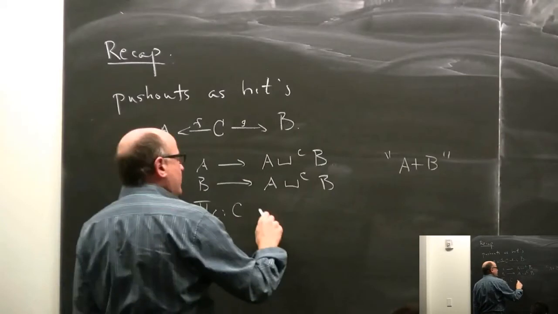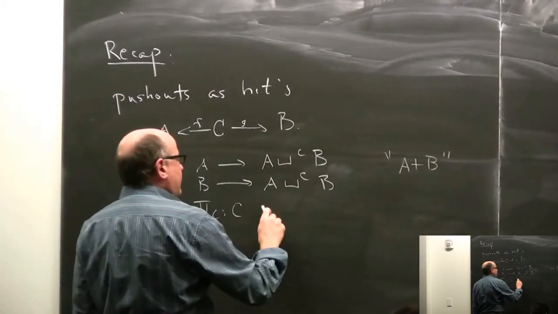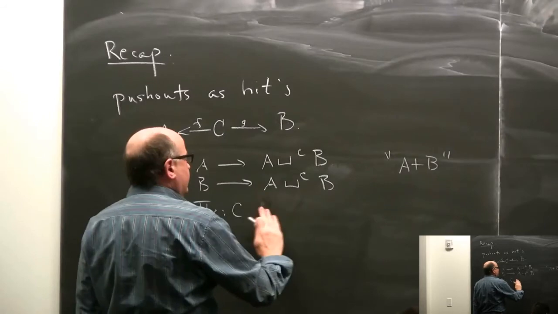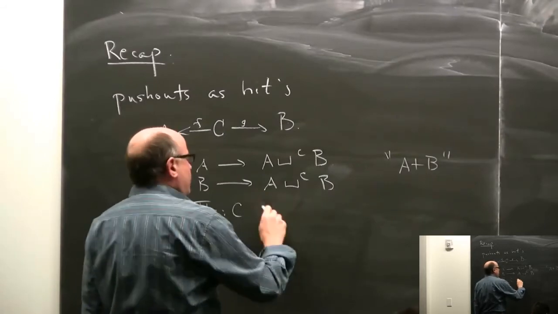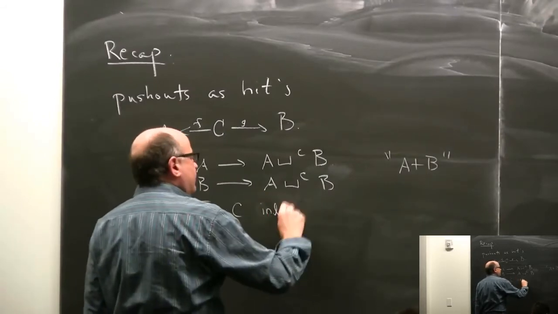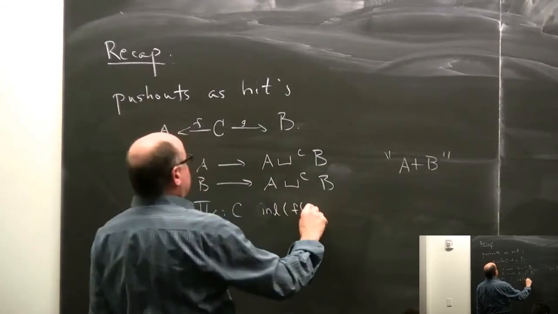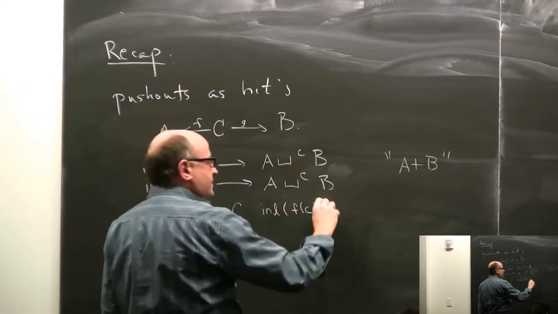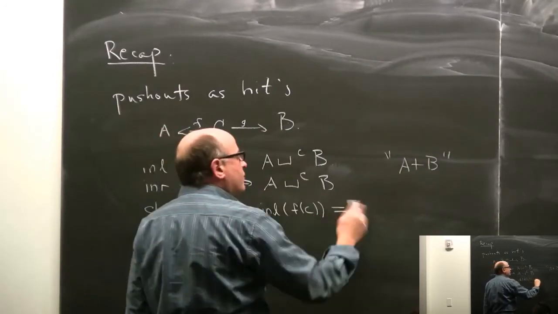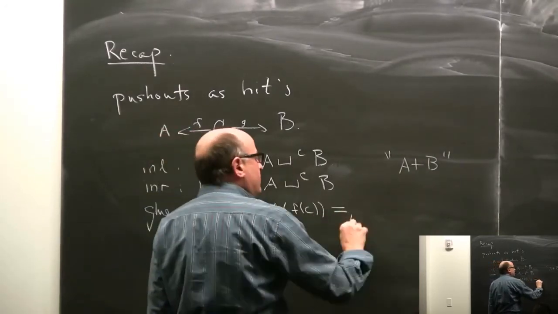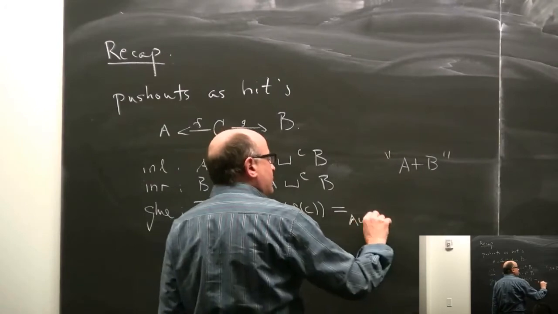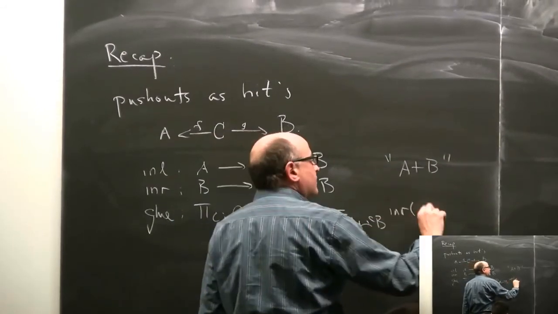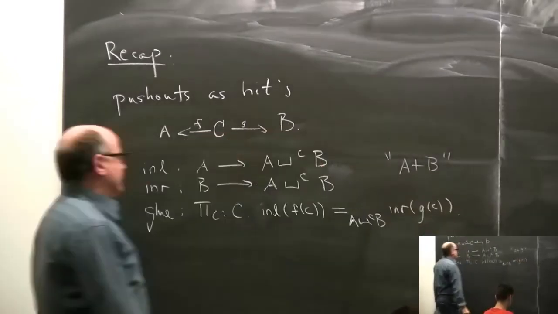So we put some equations that say that in left of F of C, because that should go to the left, I hope, if I did everything right, last time I got confused, should be equal to the in right of G of C, for all the C's in C.